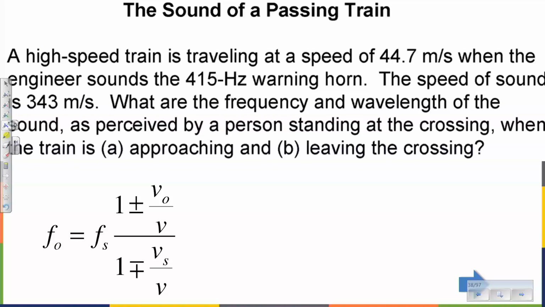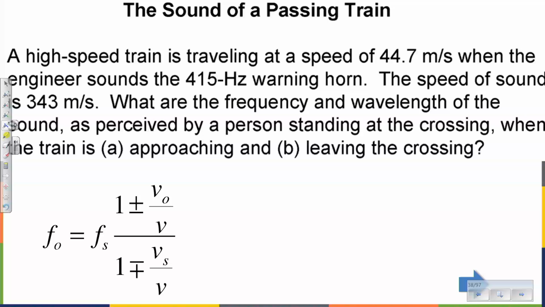I'm going to give you time to read this problem and set up a situation. Choose a plus or a minus wherever you want to. A high-speed train is traveling at a given speed and makes a sound, a horn.